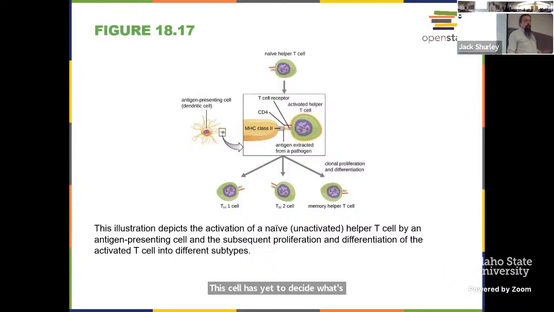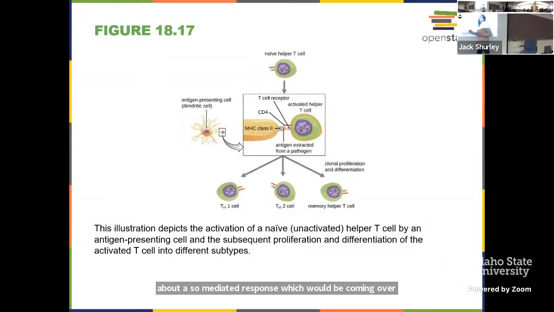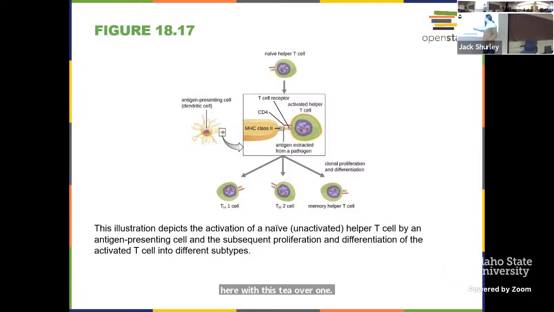And as we move through and see some details with this, one thing I want to point out, and I think I have mentioned this before, we oftentimes talk about things separate. We think about a cell-mediated response, which would be coming over here with this T helper 1, right? We also think about antibody-mediated responses or humoral responses, T helper 2s, right?